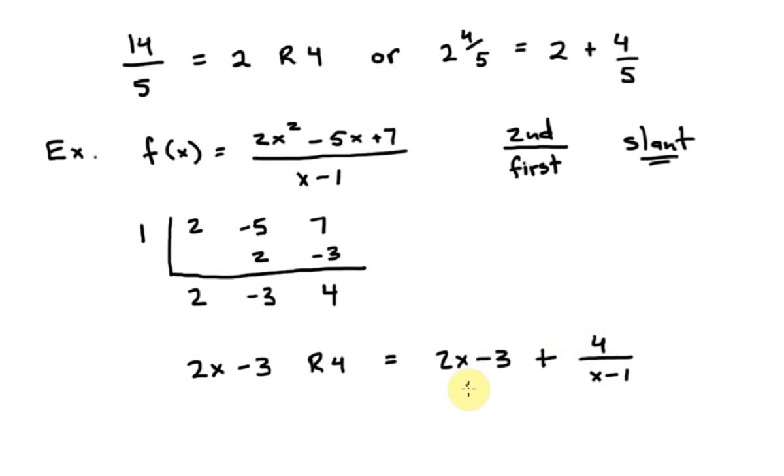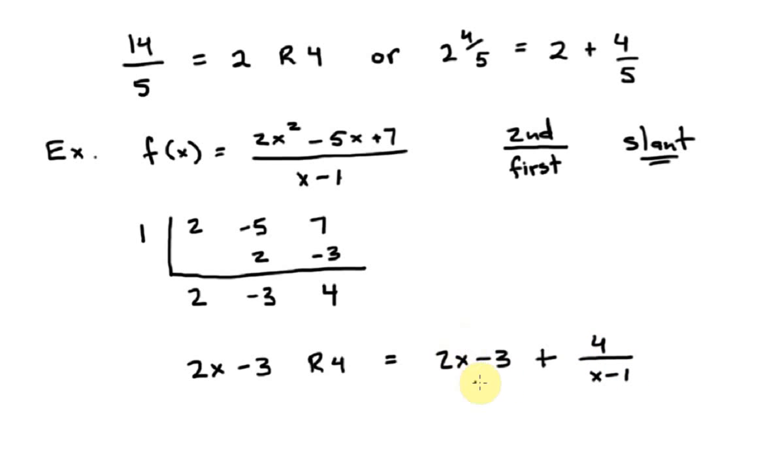Now this might look a little strange to you, but that's exactly what we did over here, right? We're dividing by 5, so I put 5 on the bottom. And here I was dividing by x minus 1, so I have x minus 1 on the bottom. Here we put a 4 on the top because that was the remainder. So that's how I build this fraction.